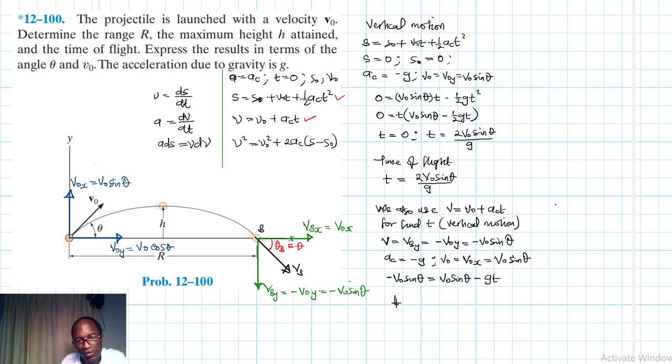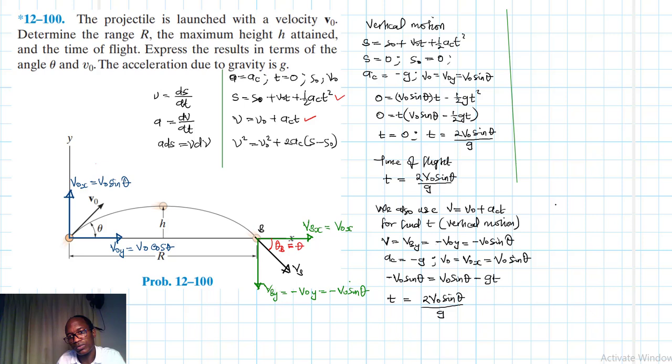Making t the subject of the formula, t is equal to 2 v naught sine theta divided by g, which is similar to the earlier result. Again, I just wanted to show that you can use either that formula or the other one.